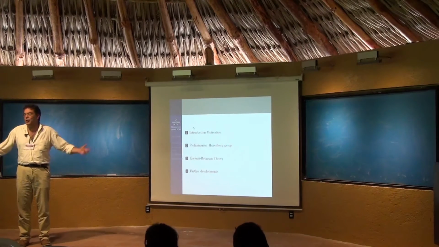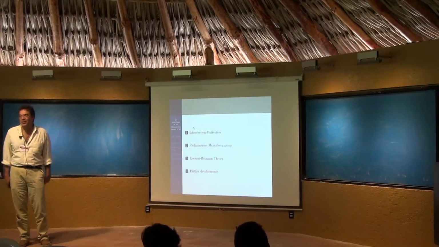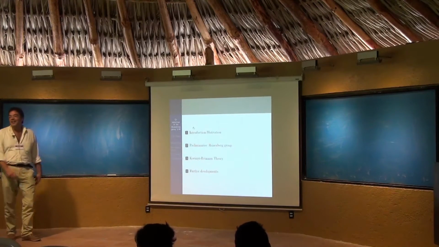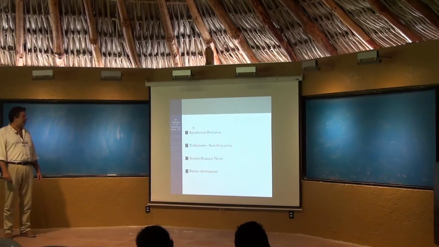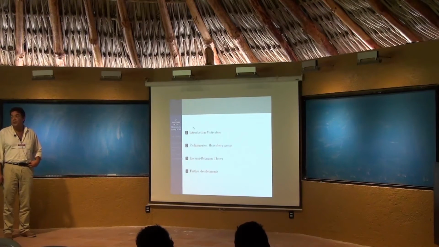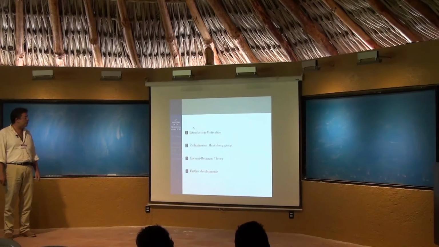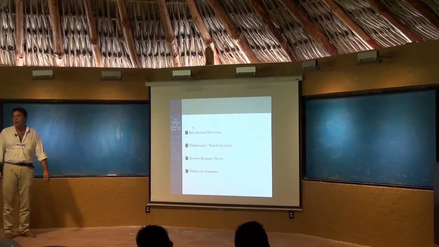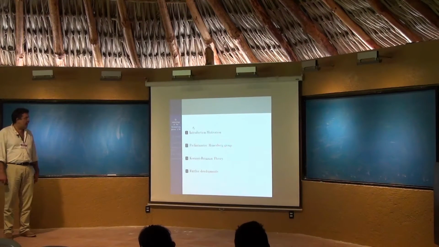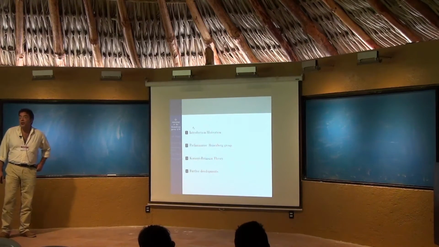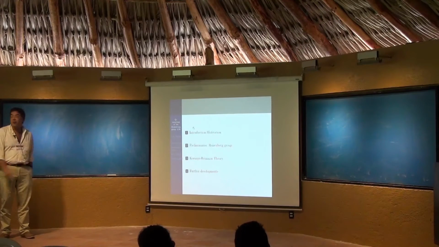I mean, what is it useful for? I don't know. The second chapter, we are going to talk a little bit about the Heisenberg group, so we get familiar with this group. In the third, we're going to overview the Koranyi-Reimann theory. And finally, we're going to talk briefly about further developments.